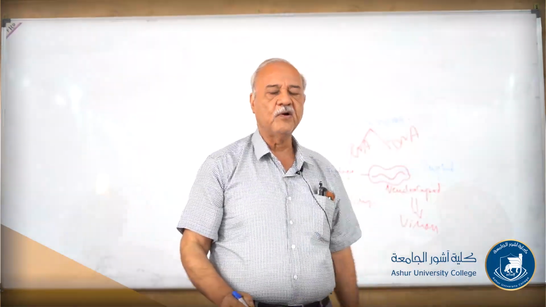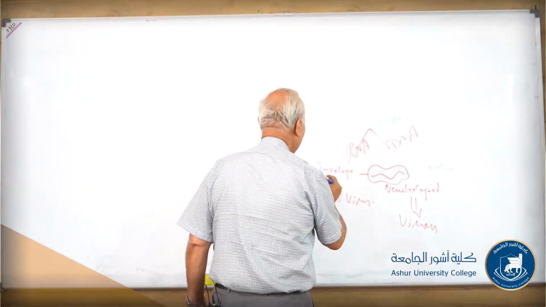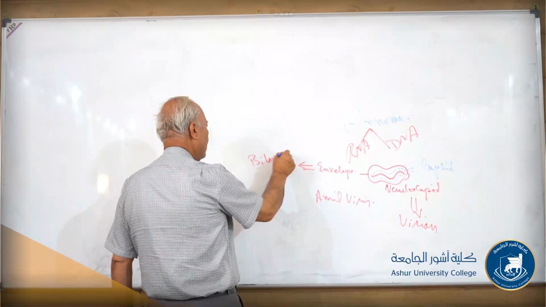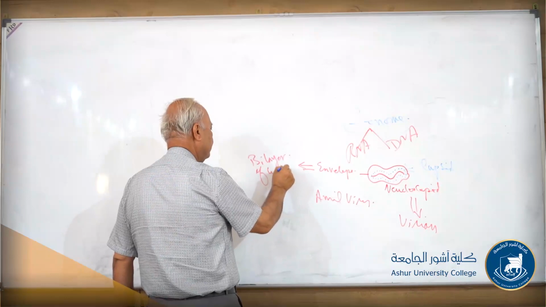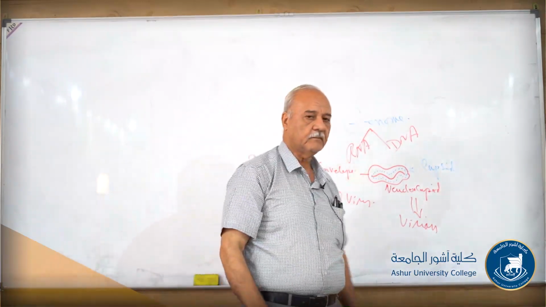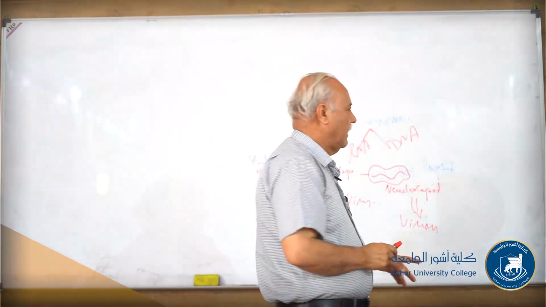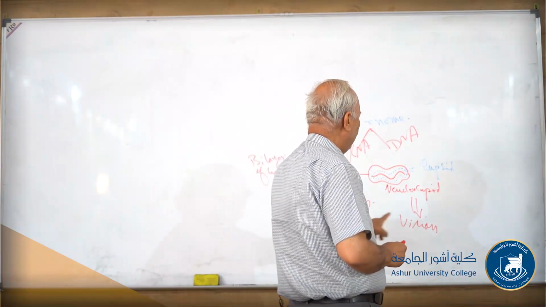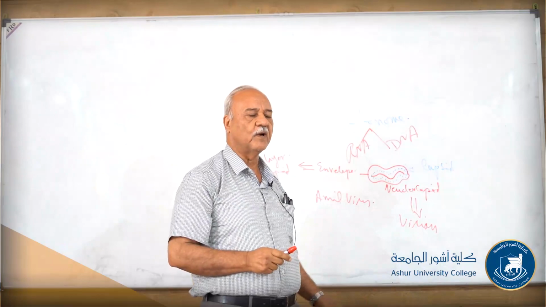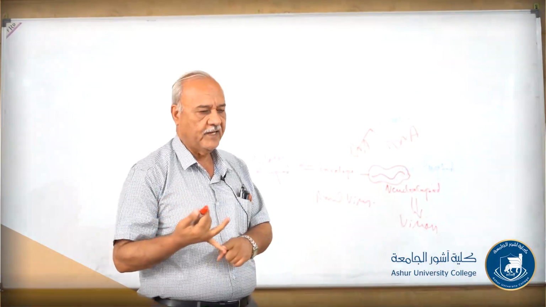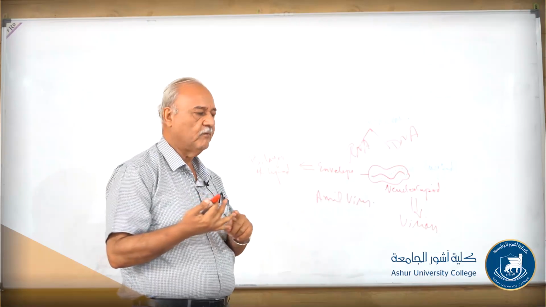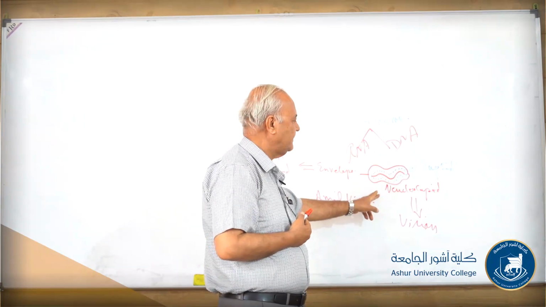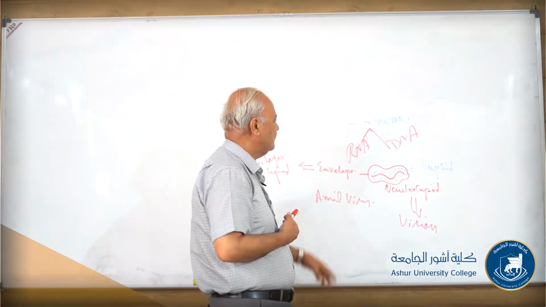The envelope usually consists of a lipid bilayer covering the virion. The virion is the nucleic acid, called the genome, covered with capsid protein. In addition, sometimes we see an envelope.